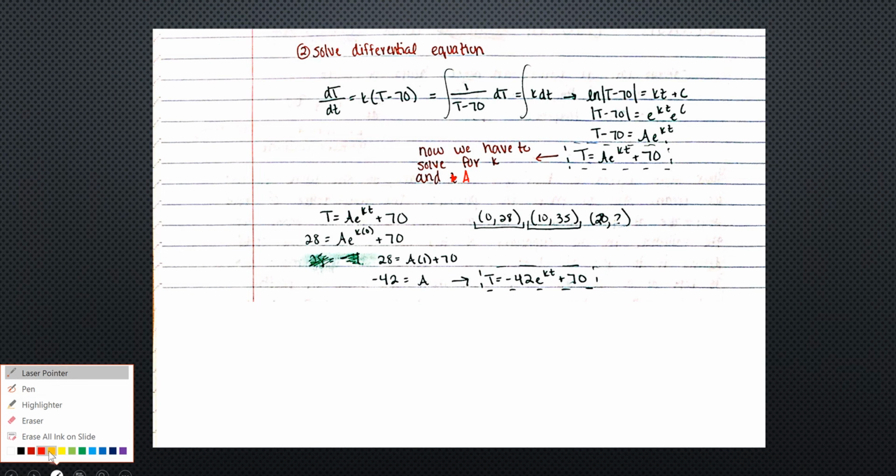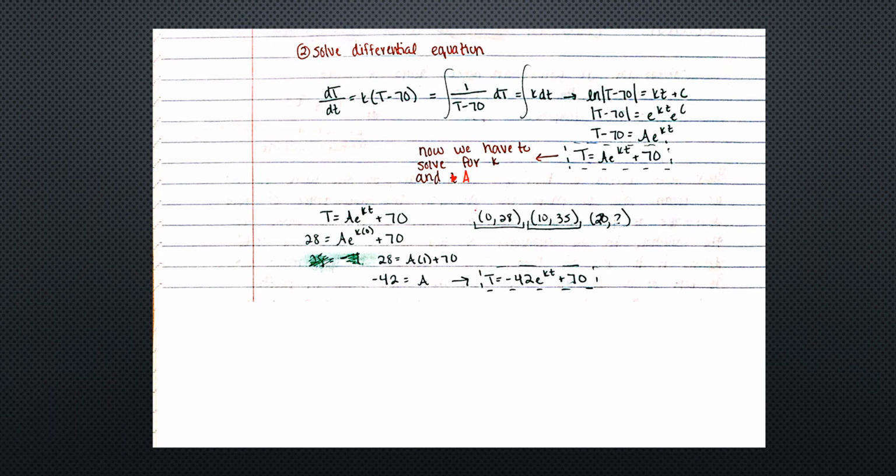So remember, we had at time 0, a temperature of 28. At time 10, we have a temperature of 35. And at time 20, we don't know our temperature. So we can use this first ordered pair right here, (0, 28), and plug it into our equation, to solve for A.